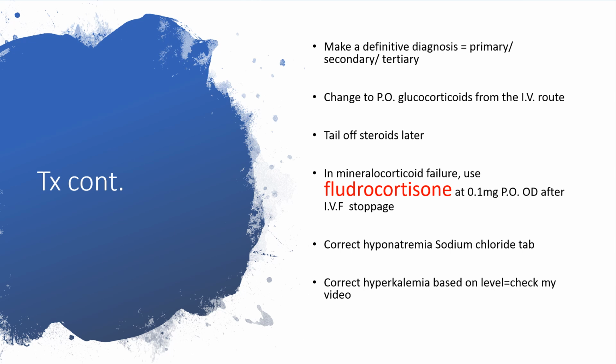But if the level is just like 3.8 to 4.5, we can just counsel against ingestion of food rich in potassium and keep our resin carefully somewhere. Okay, so that will be enough at that level. So it depends on the level of potassium.